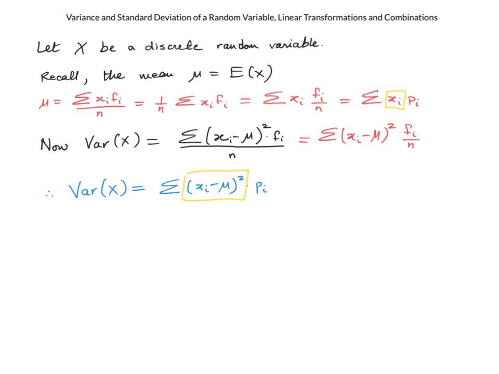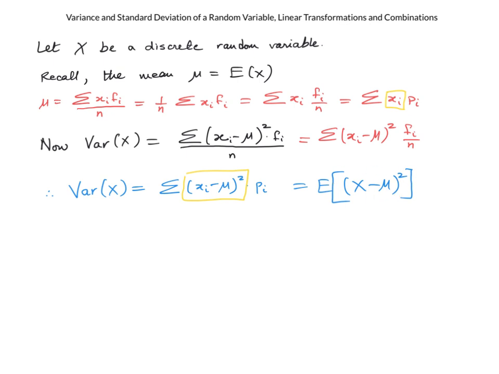So this is just the expected value of X minus mu quantity squared.